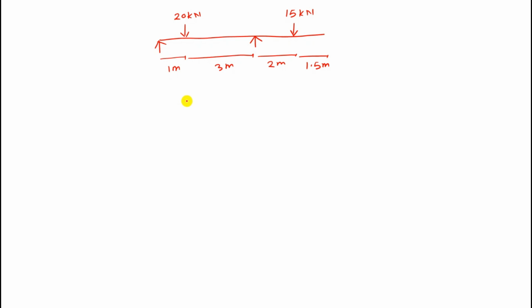Now calculate the reaction RA. At this point the value will be 0, and this will be extended up to the length of the beam for this overhanging portion.